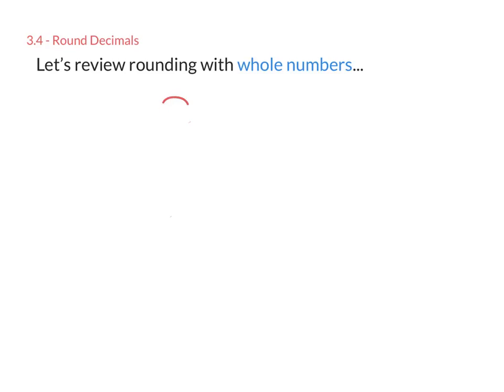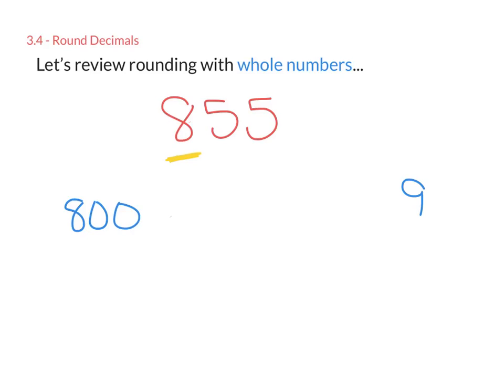All right. Let's look at the number 855. And this time I'm going to say let's round to the hundreds place. So 855, if we're talking about hundreds, is between 800 and 900. 855 is greater than 800, but it's smaller than 900.